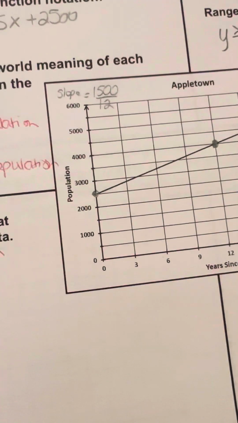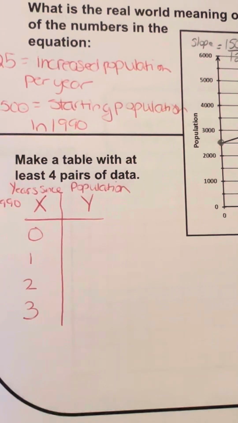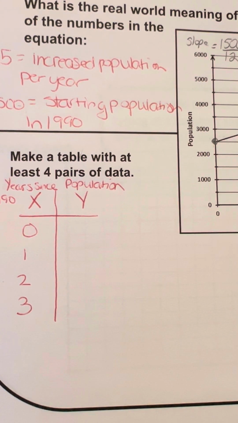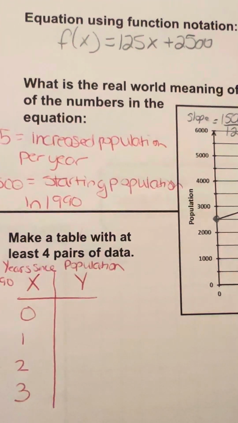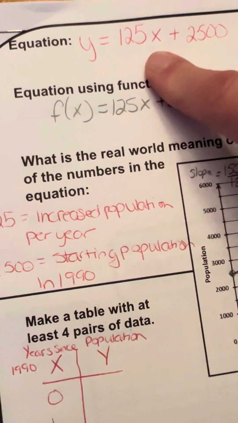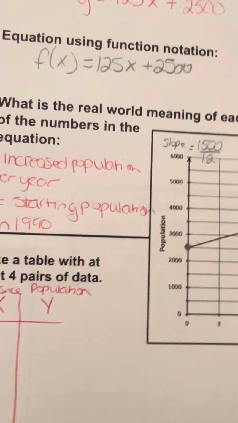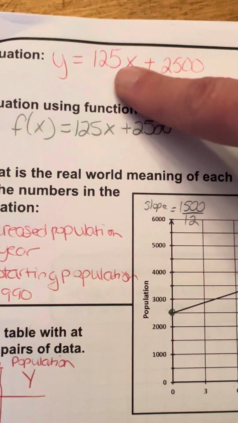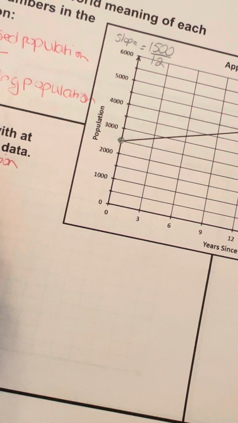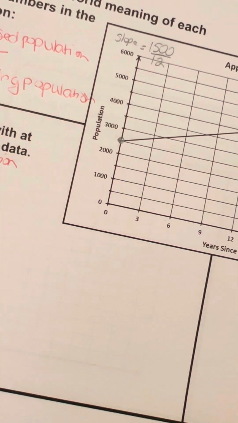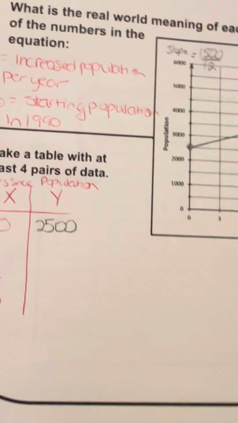Now, if I wanted to make a table with 4 pairs of data, I'm just using these 4 points that I have already set up. So my x values can get substituted in as 0, 1, 2, and 3, and we're going to use the equation up here to plug those values in. If I plug in 0 for x, I'm going to have 0 times 125, and then I'm going to add 2,500, and that's going to give me 2,500.